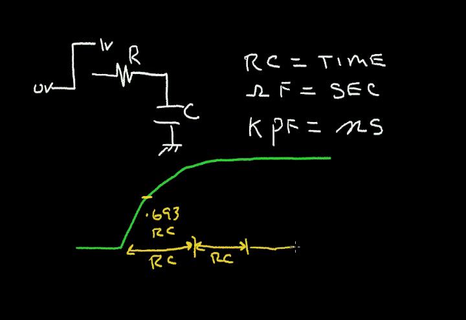Let's take a third RC time constant to this point. It turns out that at 3 time constants, this point in the curve is still not fully charged. It's at about 95% of the final charge. At 2 time constants, we are at about 86.5% of the full charge. At 1 time constant, we are at this point, and that's about 63.2% of the final value.